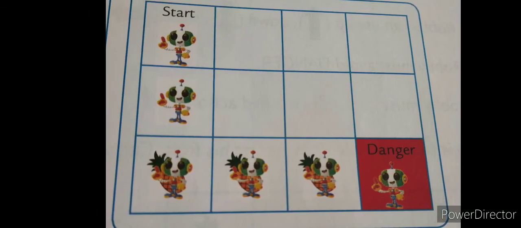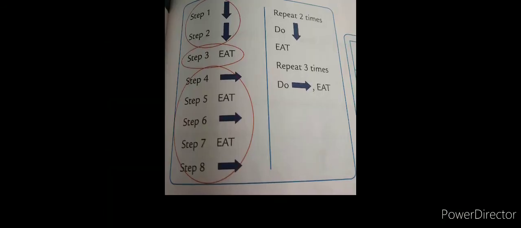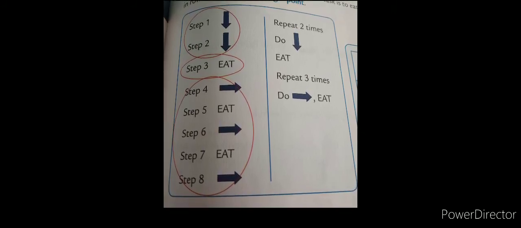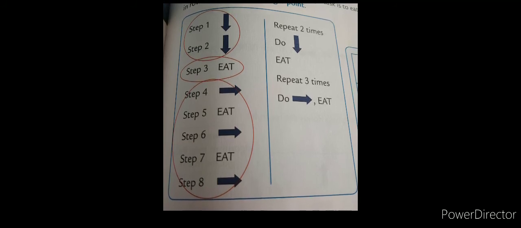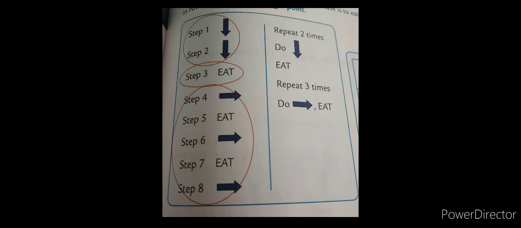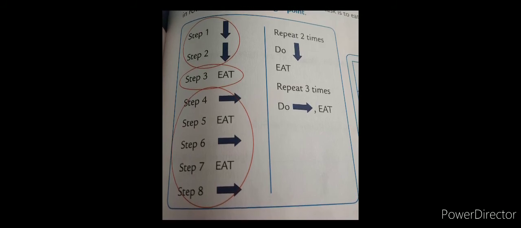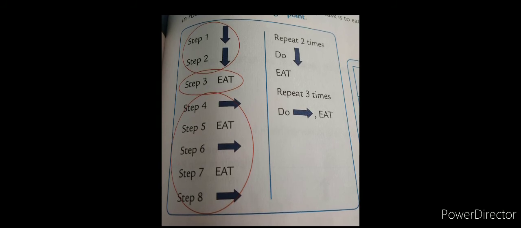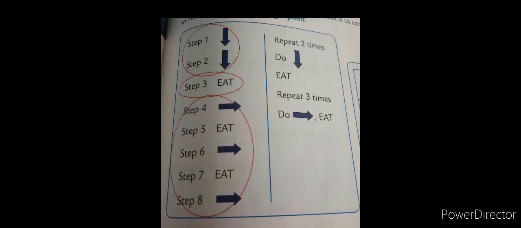Now with this set of instructions, Robbie is reaching a danger place because Robbie went one more step ahead. The instructions inside the second loop, that is move right and eat, are repeated thrice and Robbie ends up in danger. He reaches the danger cell.